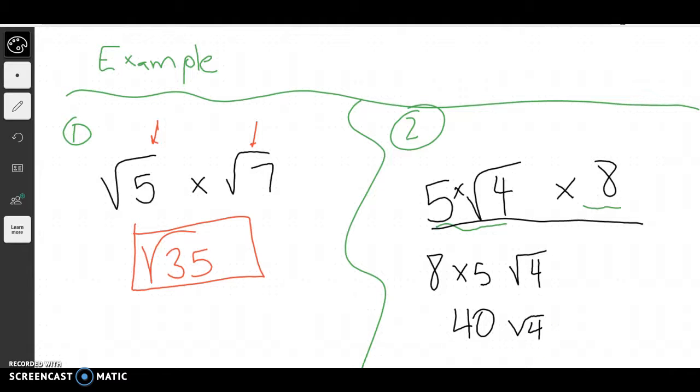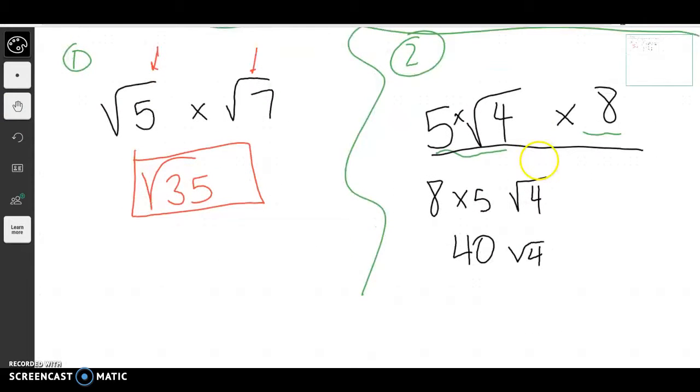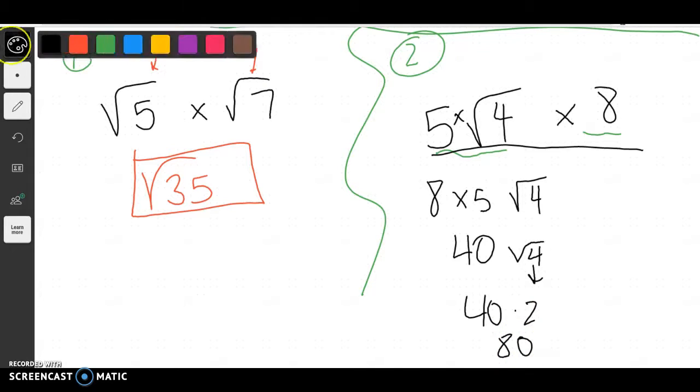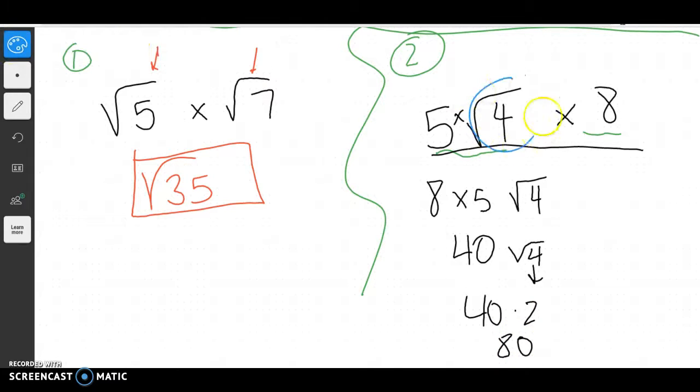And I just realized that I picked a terrible radical number, because what you could do with radical 4 is say radical 4 is 2. You could say 40 times 2 is 80. So at the end, always look to see if you can simplify this radical. Sometimes you will, sometimes you won't. In that case, we could.